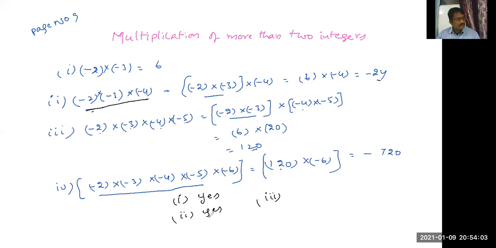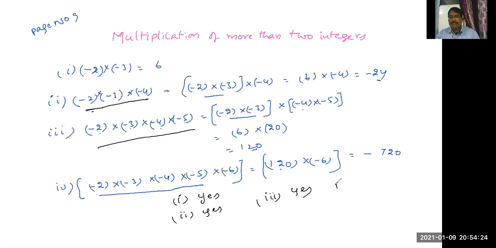Third one, the product of four negative integers is a positive integer, here on the 10th page. Here I take four negative integers, so the product of four negative integers is always positive. Yes, correct.